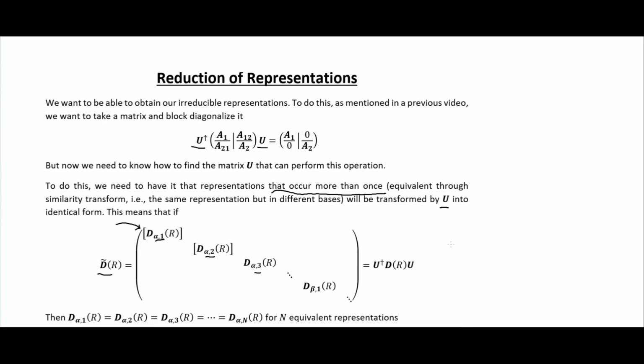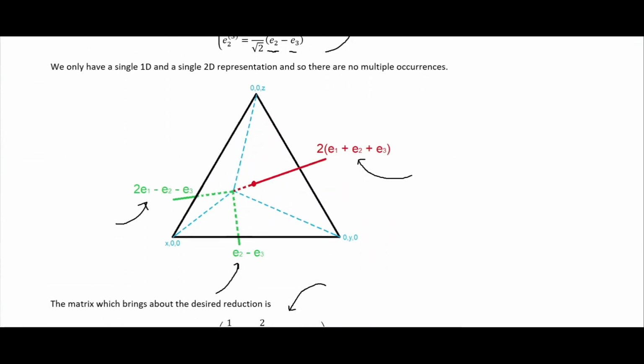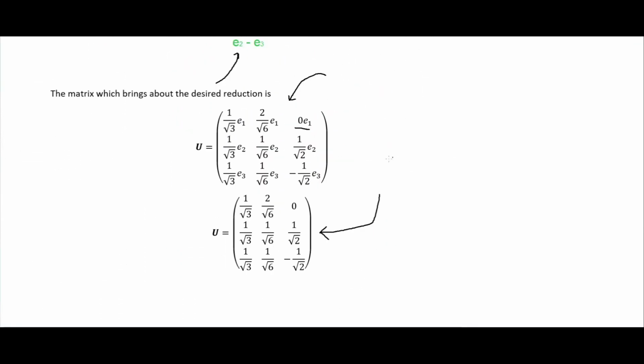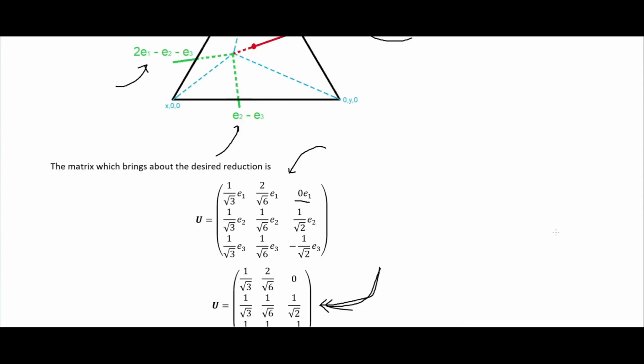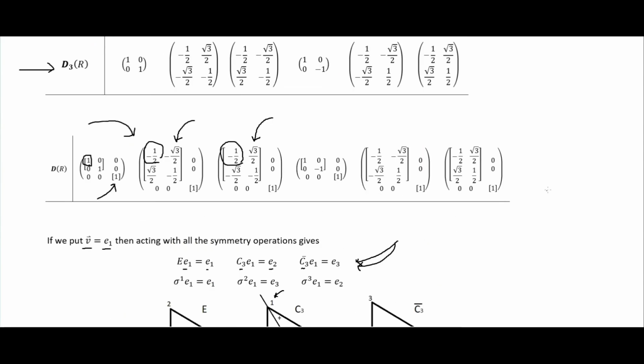Remember, we said we wanted matrices like this that would give us a block diagonalized version of this direct sum matrix. And so this matrix down here and its inverse on either side of these matrices right here.